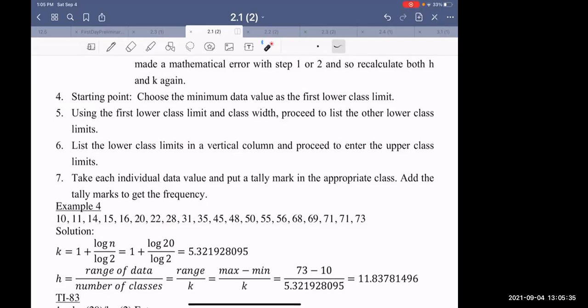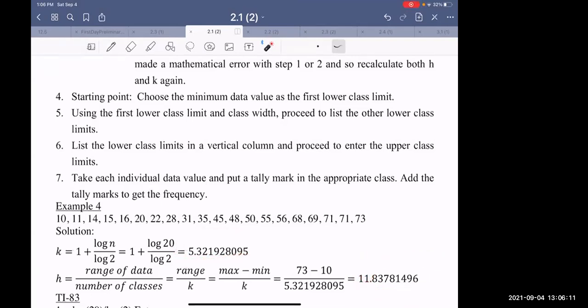And so your class width should be an integer, because that's what your data is. So now the question is, how do I do this? Either I can round this down or I can round up. So it's either 5 or 6. This number is somewhere between 5 and 6, and this number should be somewhere between 11 and 12.